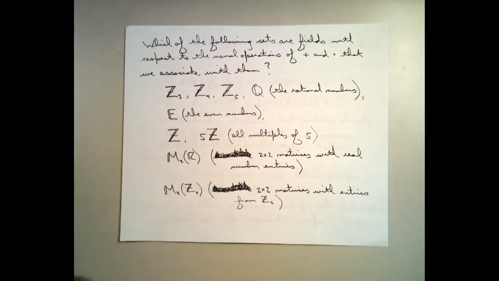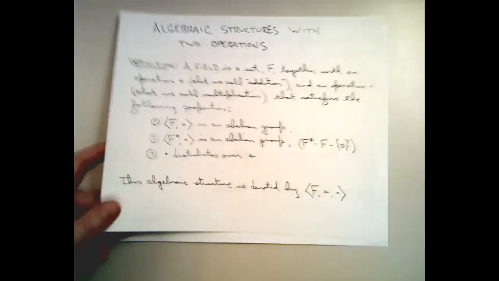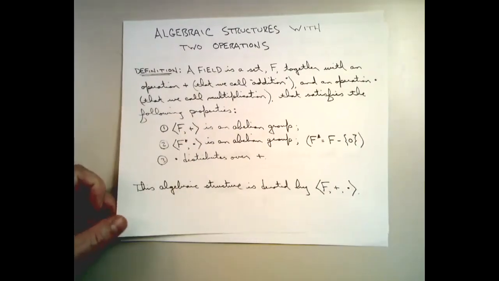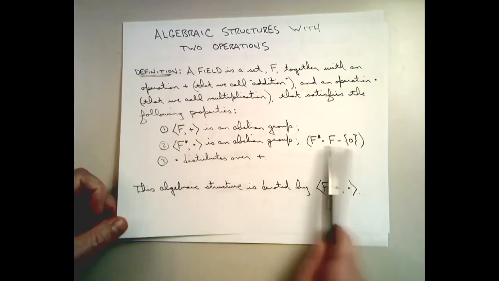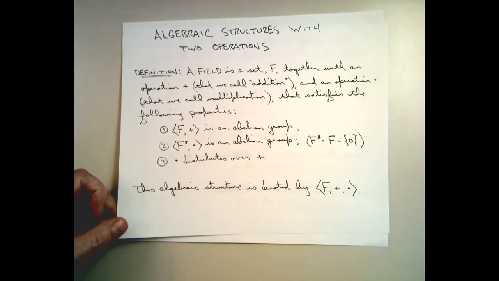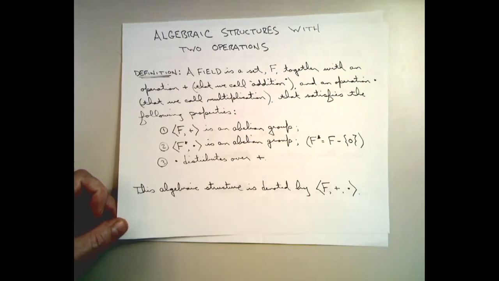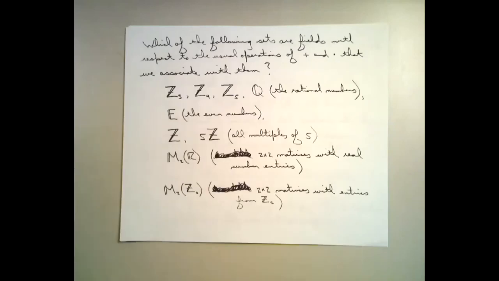So with the usual operations that we associate with these sets of addition and multiplication, see if you can decide which of them satisfy all of the axioms for being a field, which of them form abelian groups under addition and also abelian groups under multiplication when we take away the 0 element, and where multiplication distributes over addition. Pause the video for just a moment and think about that.